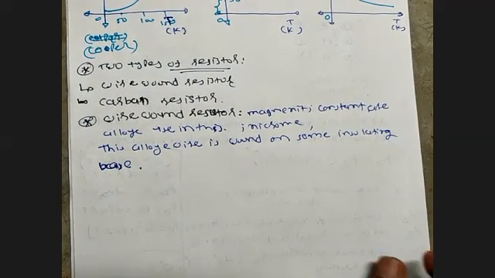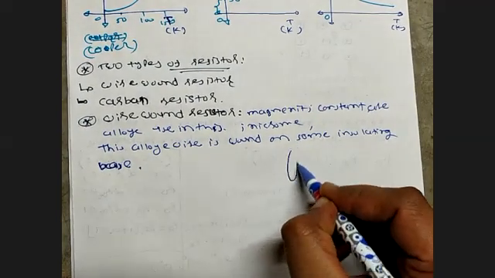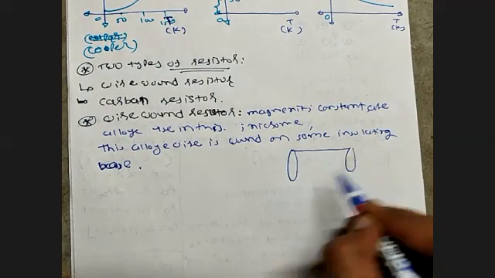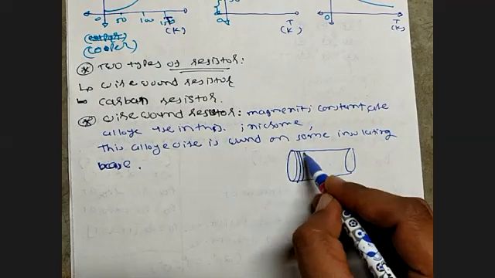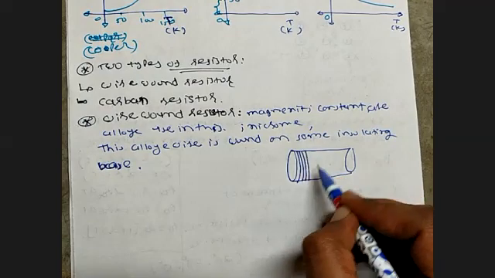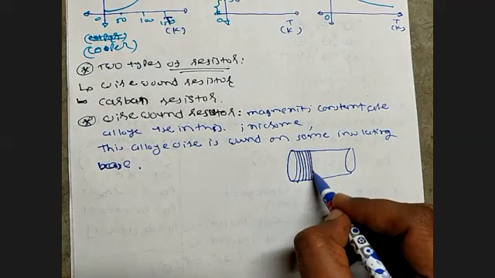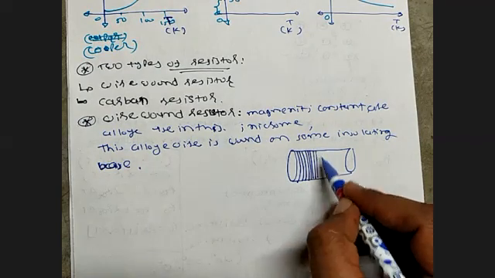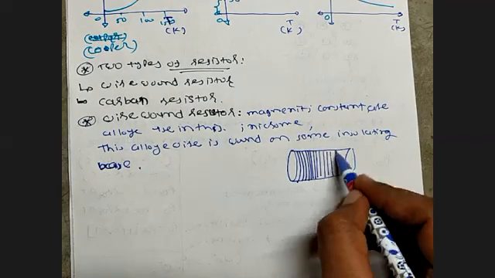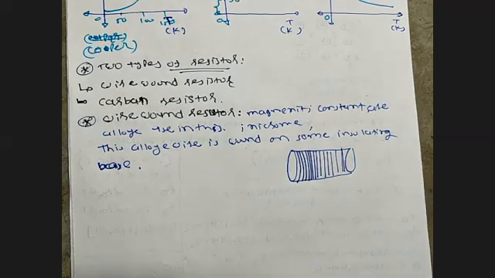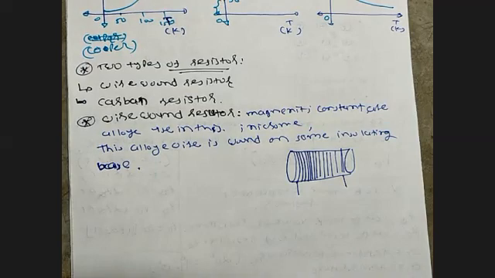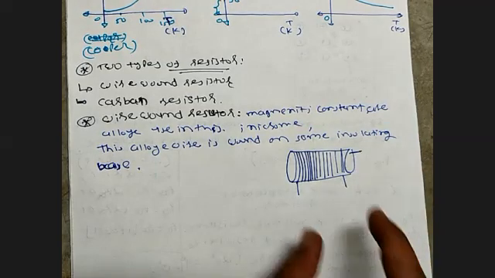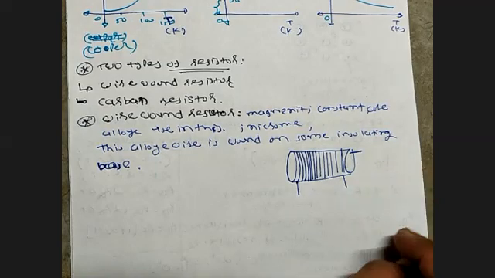Just like I draw a small picture of it: suppose this is the resistor and the wire is wound very near together. Each turn is very close to the next, touching just like this. One arm over here, another arm over here, and a third arm over here. So two arms and a third arm, three arms of the resistor.